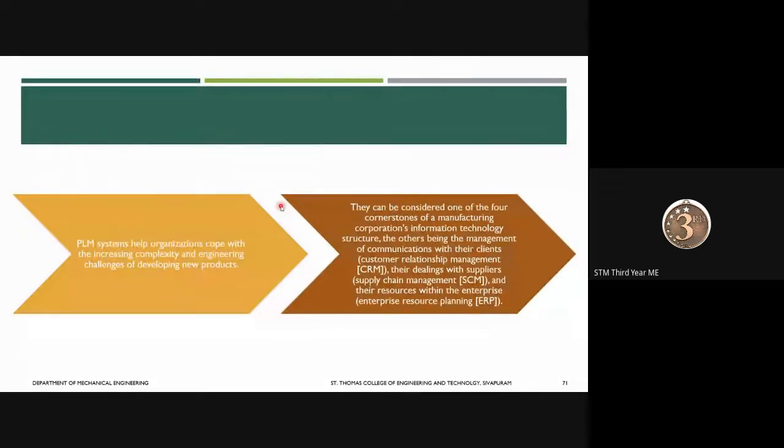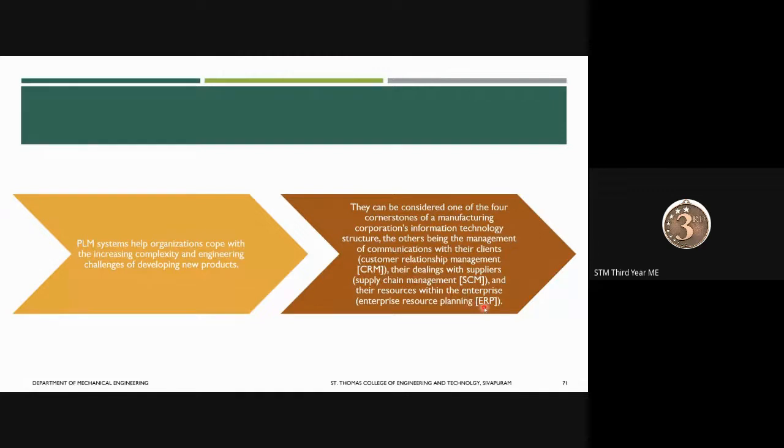Then PLM is considered one of the four cornerstones of a manufacturing corporation's information technology structure. So the IT field is playing a major role in an MNC during the management. So enterprise resource planning was based on the IT field, right? So PLM is another system that is implemented in this IT field along with customer relation management, that is the CRM, SCM, that is the supply chain management, and ERP, that is enterprise resource planning.